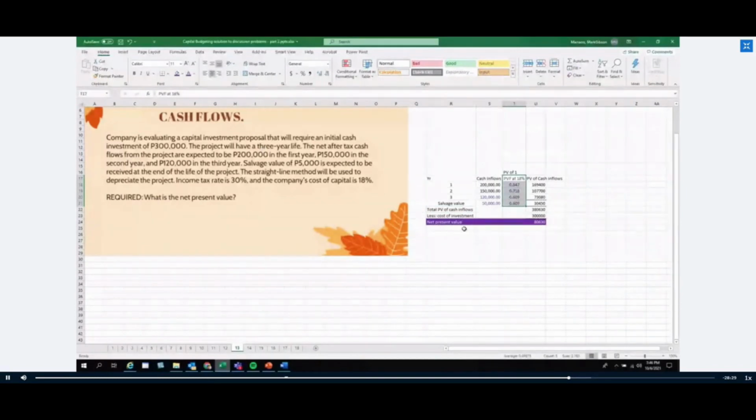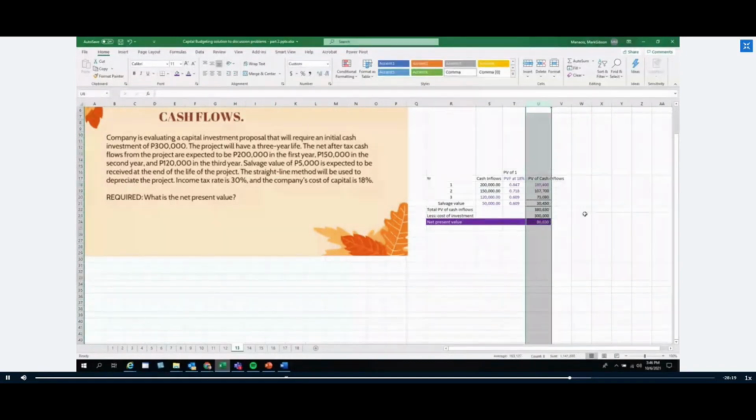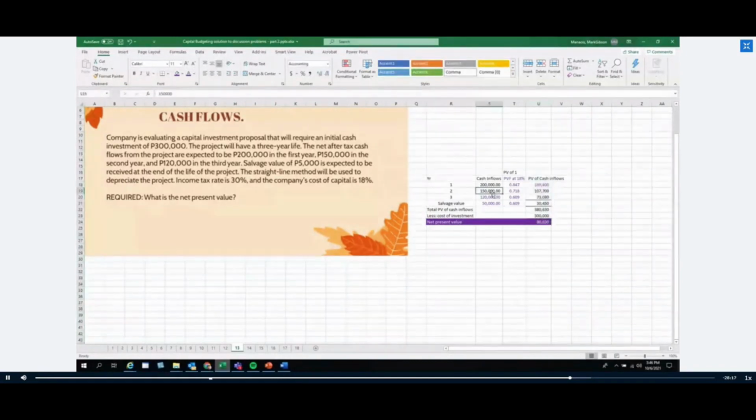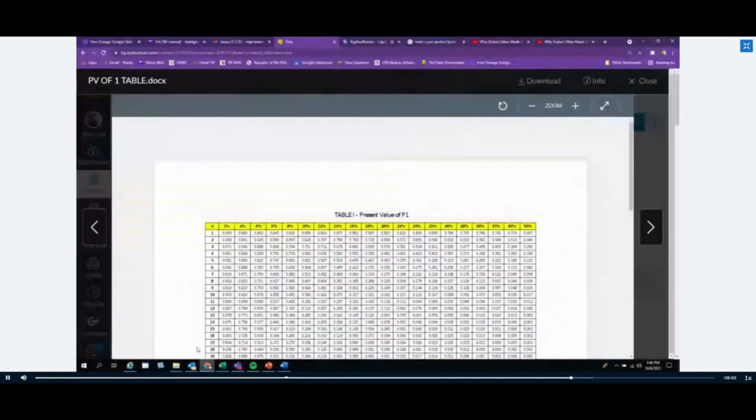Okay, so 200,000 multiplied by 0.847, so that's 169,400. 150,000 multiplied by 0.718, so that's 107,700. So sige, baka lang kasi may nalilito pa paano na-compute to, no? So tignan natin yung present value of 1. So present value of 1, ilang percent? 18%, no?